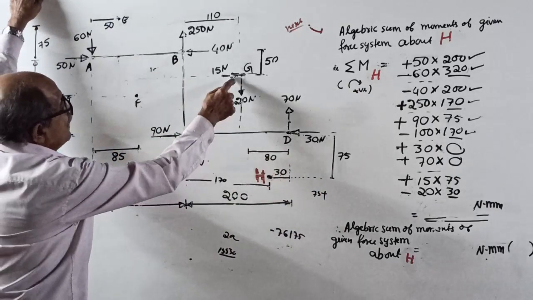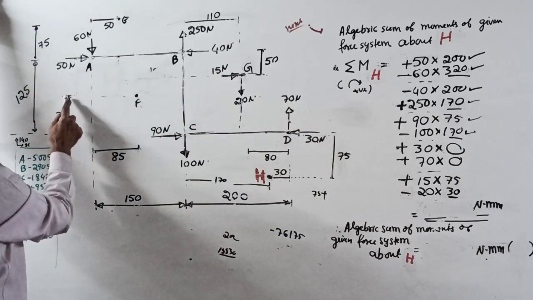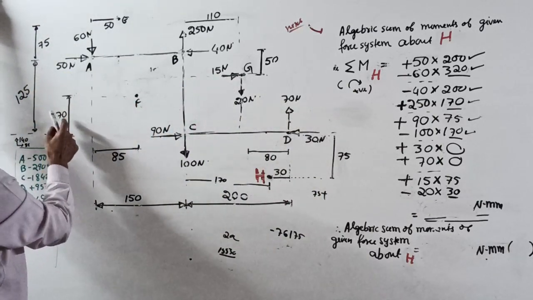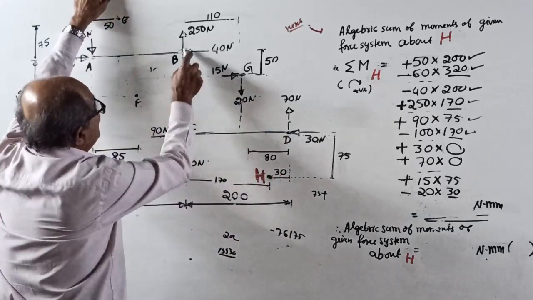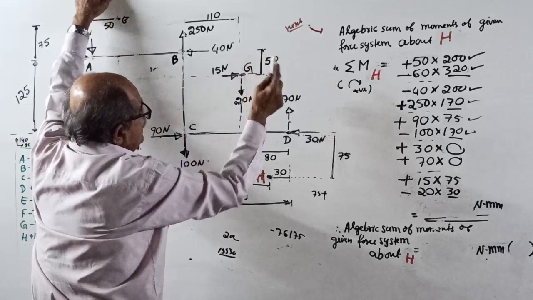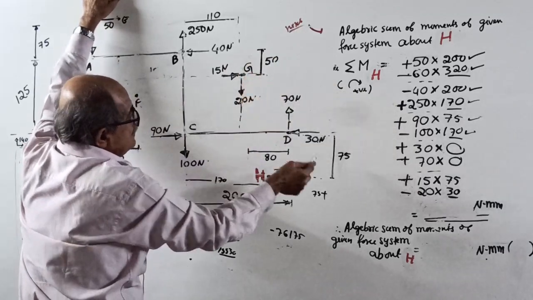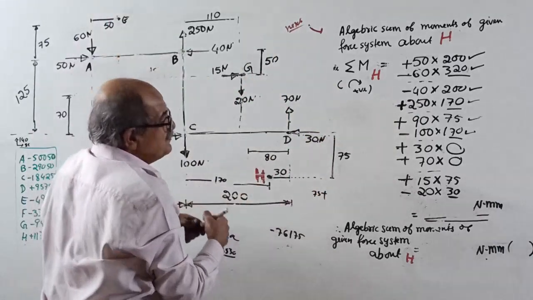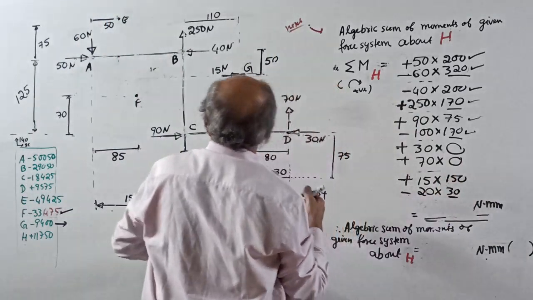From here to here. No, here, not there. See, this is 125, this is 50, this is 75. Okay, this is 75, this also 75, it is 150. Yes, see, I told, human being.